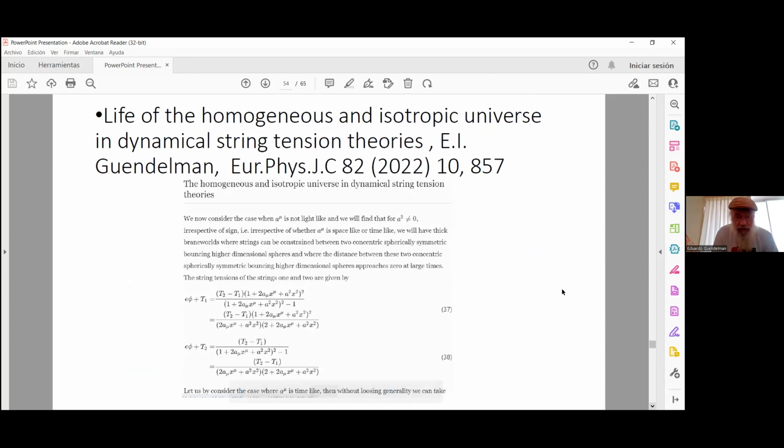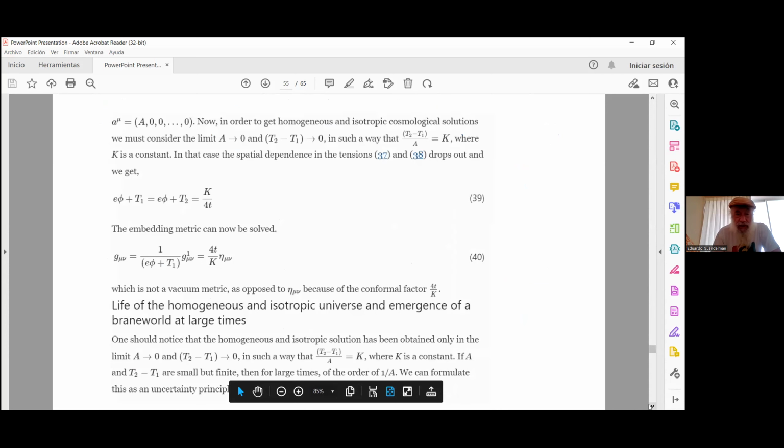And I want to go into the last subject, the life of the homogeneous and isotropic universe. As I told you, we have this equation for one tension and the equation for another tension, right? We can take the limit.